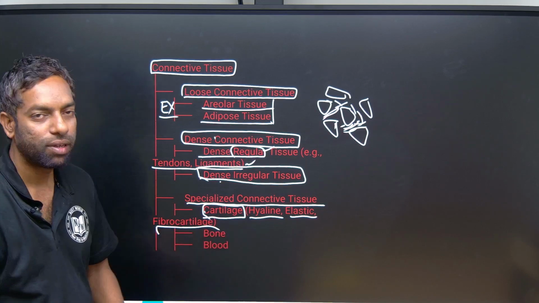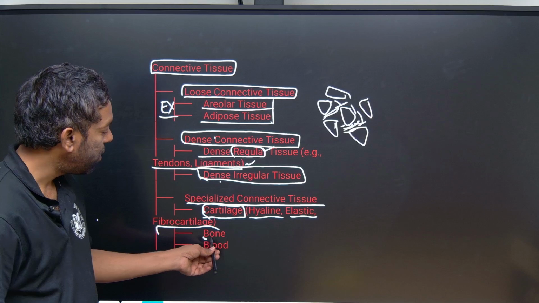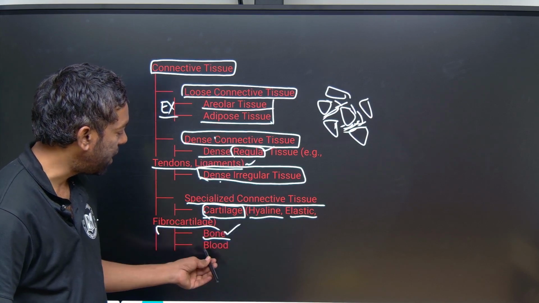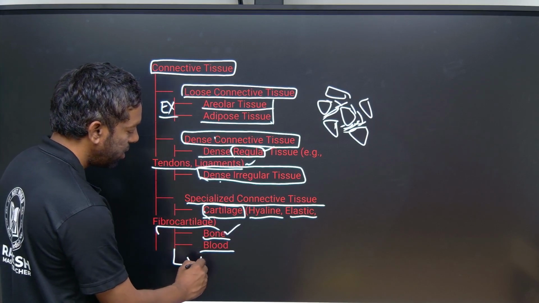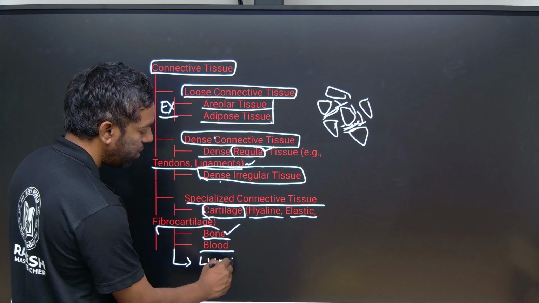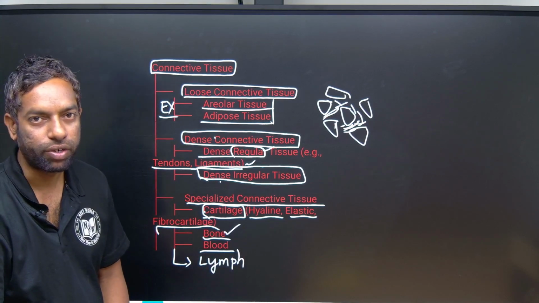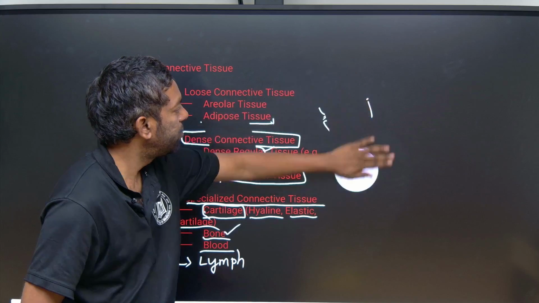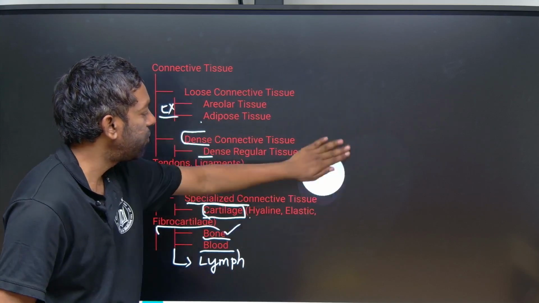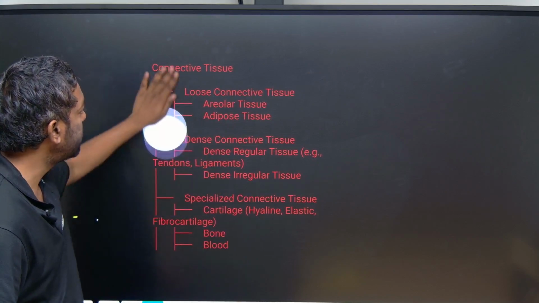As well as bone and blood, and lymph is also there. These are the specialized connective tissues. Once again, types of connective tissue, we are going to discuss in detail next class.